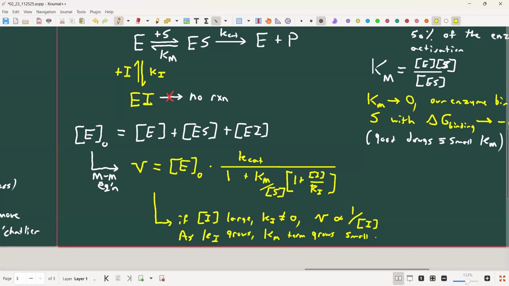So you can think that the binding efficacy of the drug now gets worse, which means that the effective Km grows, which means that the drug is less effective.